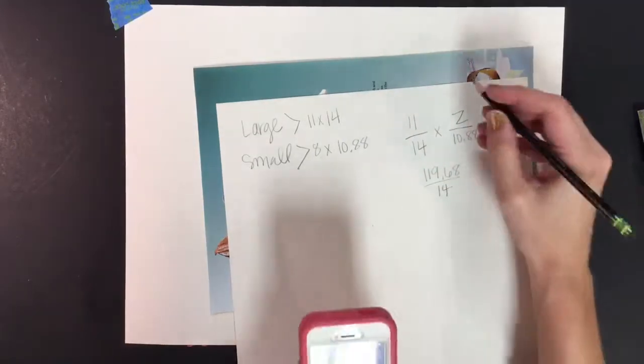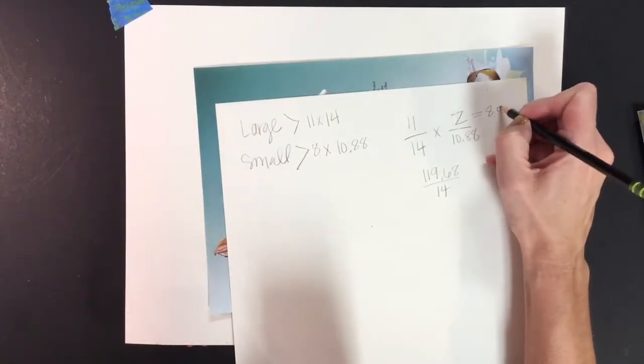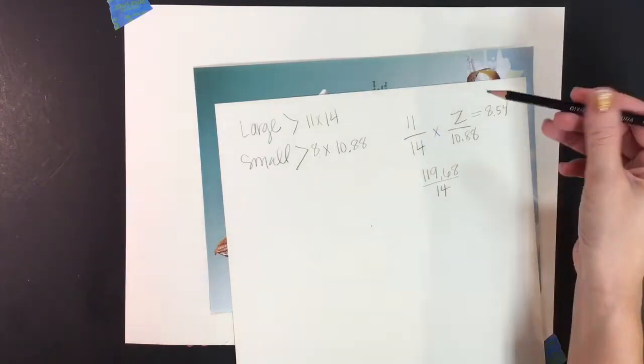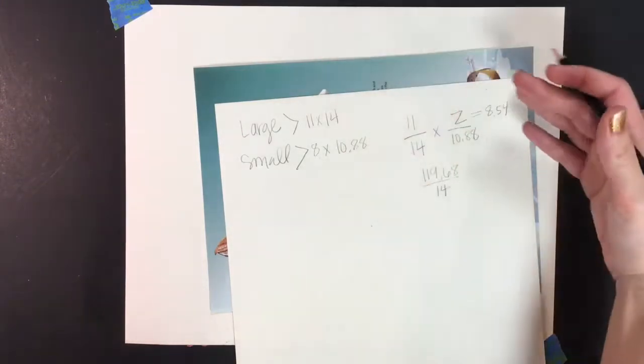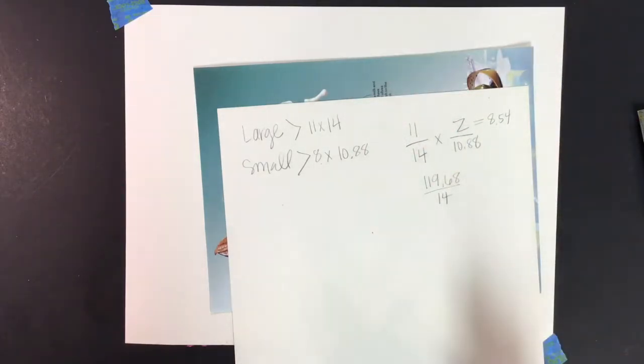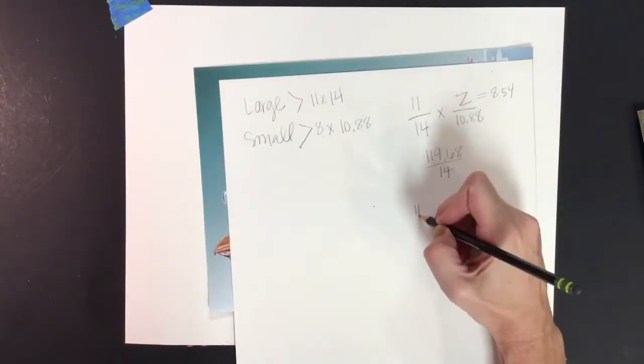That leaves us with our z, which is 8.54. Now we already knew it was 8, so that's not going to work, because that's saying we need to actually make it bigger. So we are going to have to keep our 8 and trim down this number. Let's rewrite it.